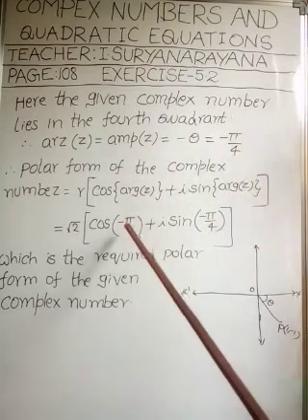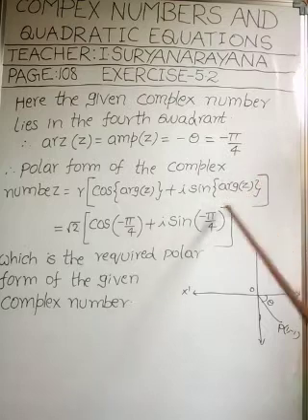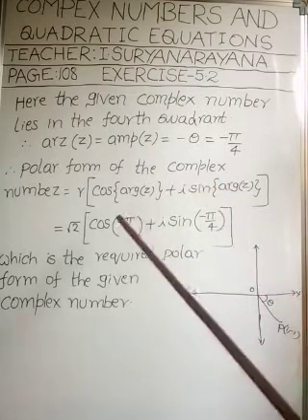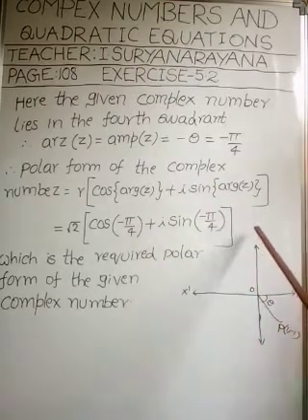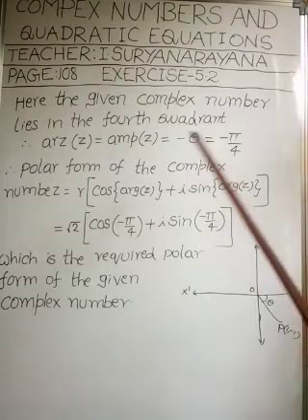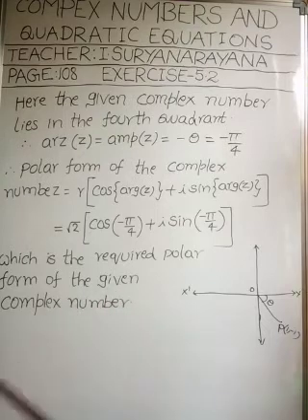Minus pi by 4. Cos of minus pi by 4 plus i sin of minus pi by 4. Next we have substituted the values of r and the argument of z in this step. Then we got this step, which is the required polar form of the given complex number.